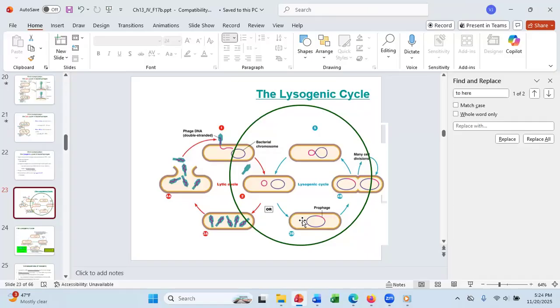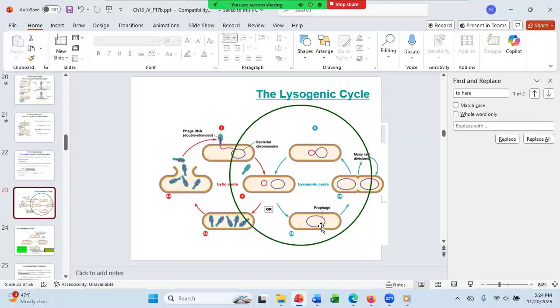The second thing that's important is that a gene in the lysogenic life cycle is activated, and it's the repressor protein. The repressor protein shuts down the lytic life cycle. So none of the lytic life cycle genes are expressed. Now, when this cell goes through cellular replication and multiplication, it will copy the prophage because it's part of the chromosome.